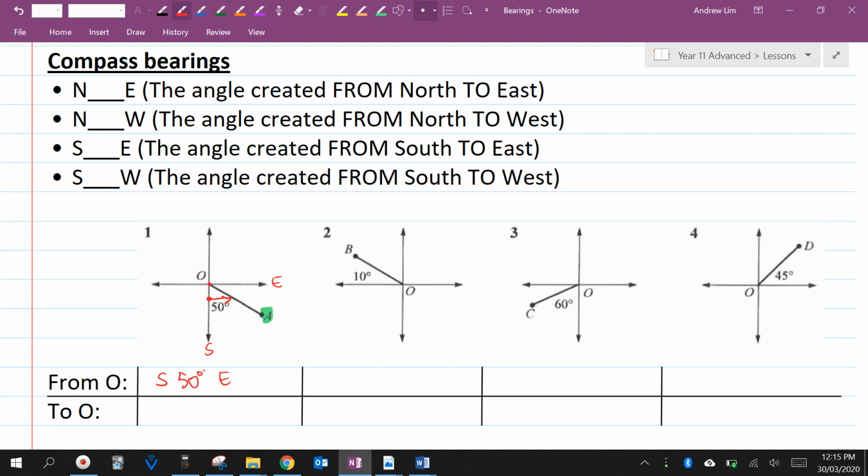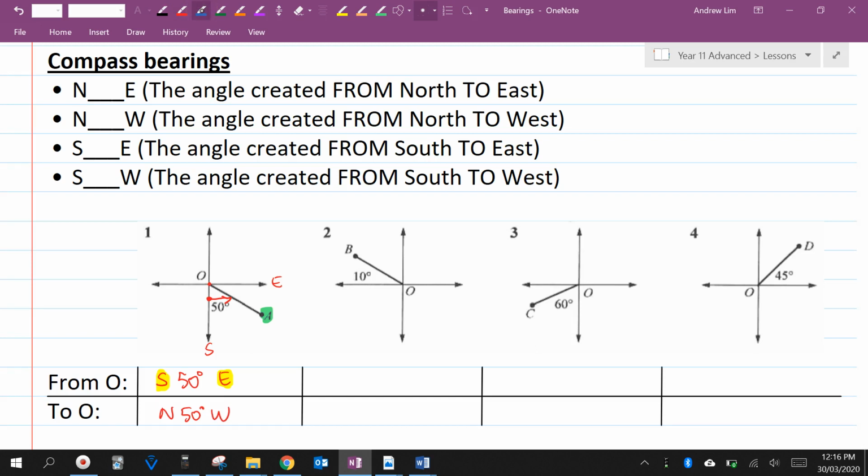If we want to work out the opposite compass bearing, to O instead of from O, all we need to do is change these letters. So we want to find the opposite bearing. From A instead becomes north 50 degrees west. So the angle stays the same.